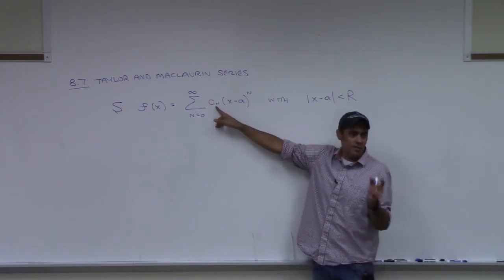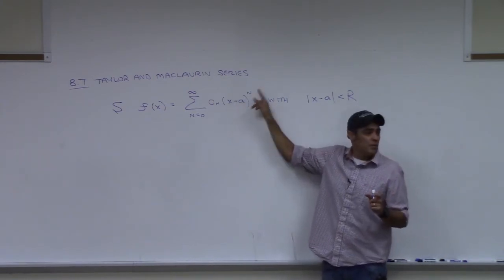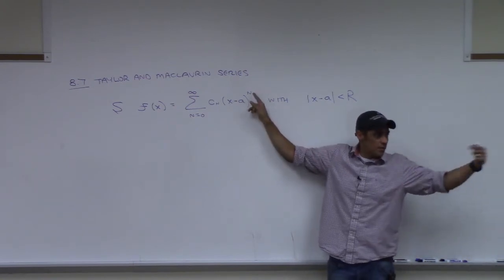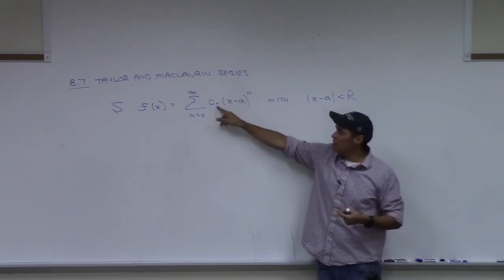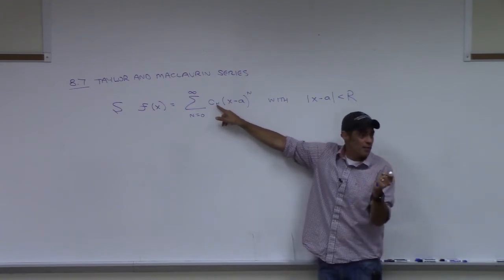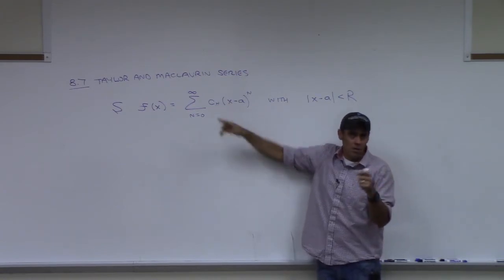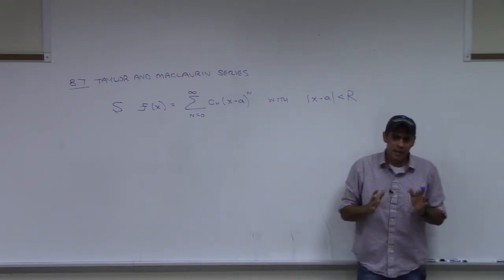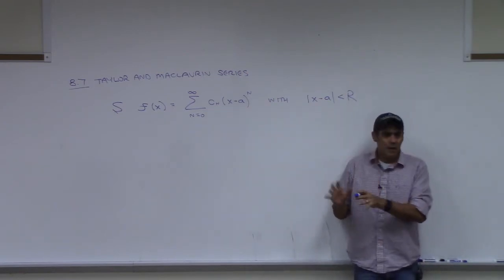Every power series is going to have x minus a to these changing powers. It's really the thing controlling it, or what makes each function unique, is the c sub n, the number in front. All right?